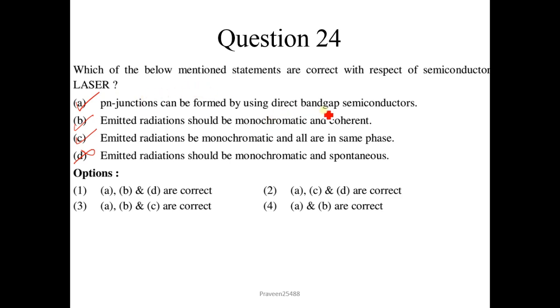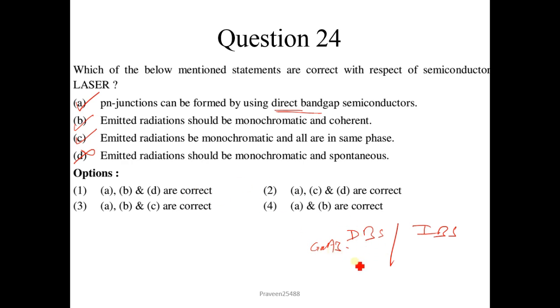So, I would like to clear this point, direct band gap. There are two types of semiconductor: direct band gap semiconductor and indirect band gap semiconductor. An example of direct band gap is gallium arsenide, or LEDs come under this category.